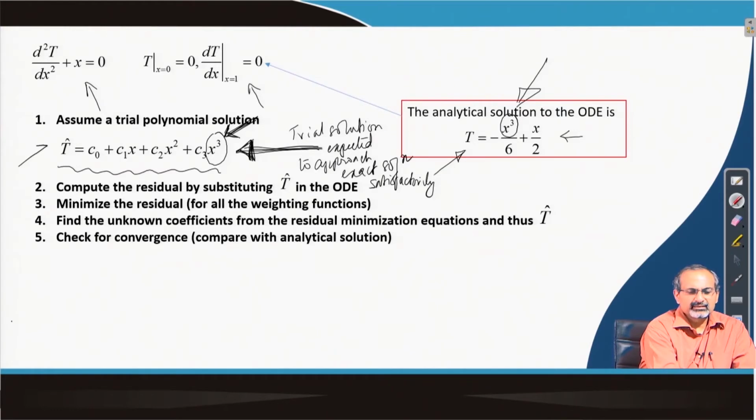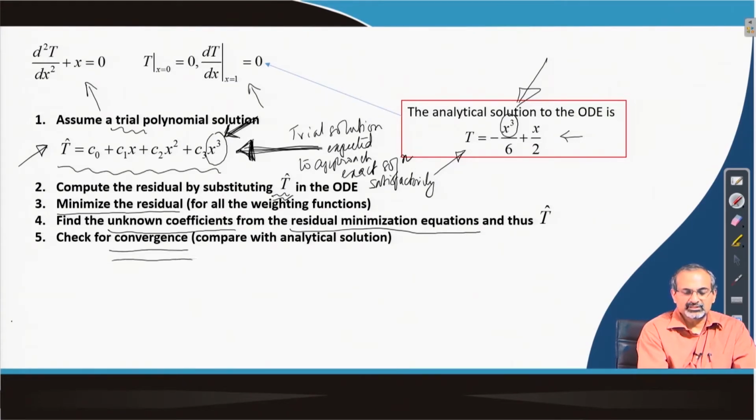So, having said that, we begin the whole exercise by judiciously assuming the trial solution in the form of a polynomial, and then we compute the residual by substituting the trial solution in the ODE like we did in the previous case. We then minimize the residual, and we minimize the residual for all the weighting functions that we have in the trial solution, and then we try to find the unknown coefficients from the residual minimization equations.